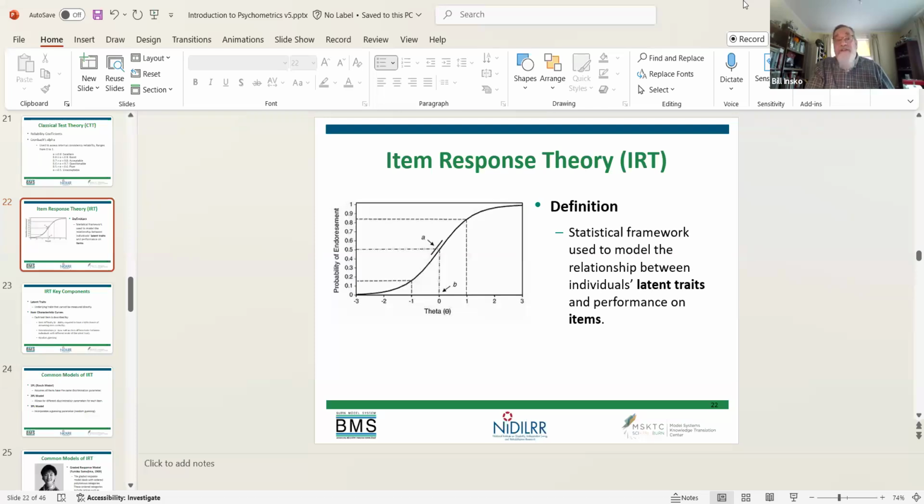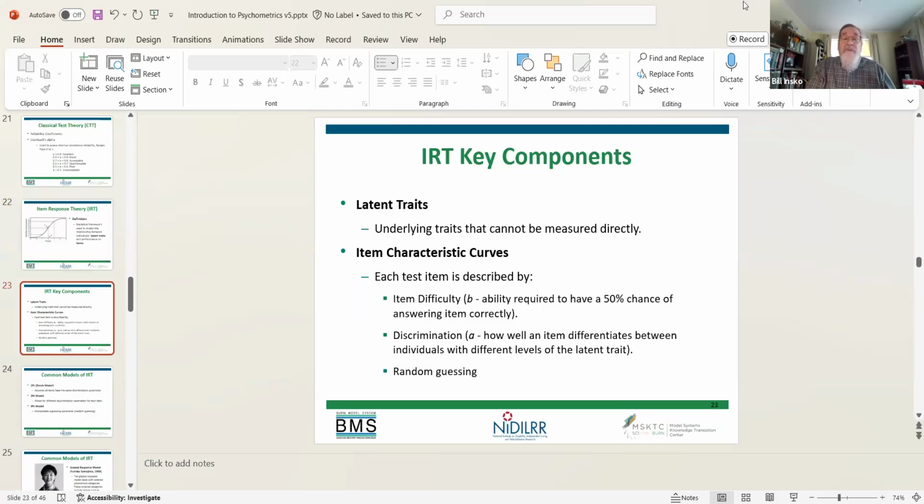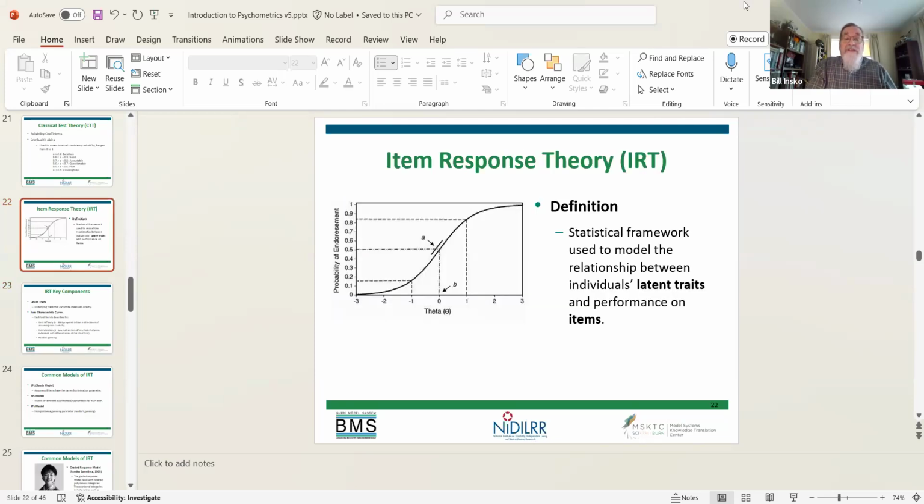You want items that discriminate between low values and high values on that latent trait. And the c parameter, I have random guessing listed here. That is actually a c parameter. This picture here is of a one parameter model, and so it does not have the c parameter in there.